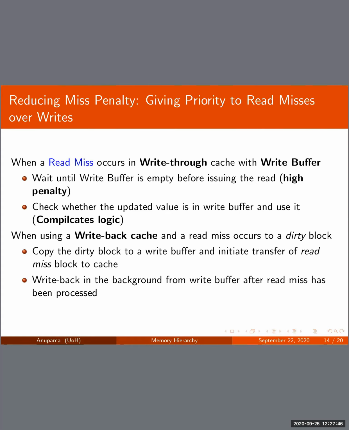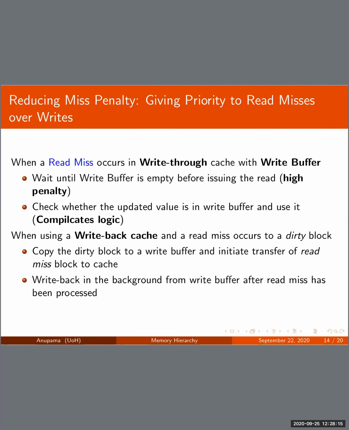You have issued a write, you have not finished writing, you replace the block, and again hit a read miss for the same data that you were writing to the main memory. So the data may be in the write buffer. It may not have yet updated the main memory. So the complicated logic would be to check the write buffer.